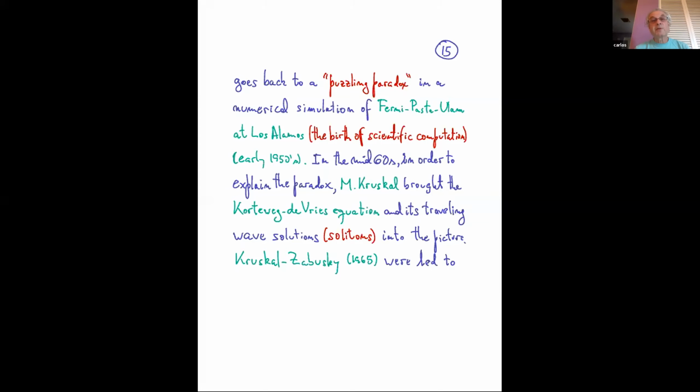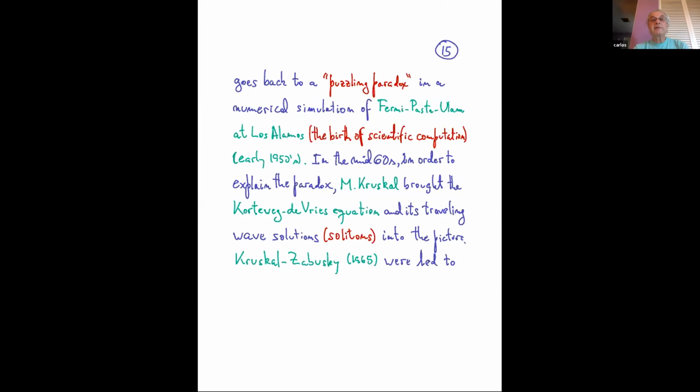And this was the first numerical simulation of a PDE. So I would say it spawned scientific computation from it. But Fermi called it a minor discovery, this surprise. And this surprise is what's called the puzzling paradox, or the Fermi-Pasta-Ulam paradox.